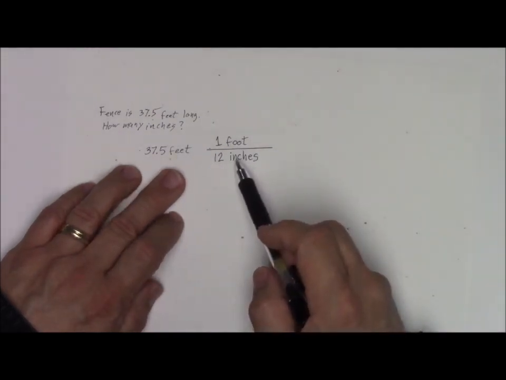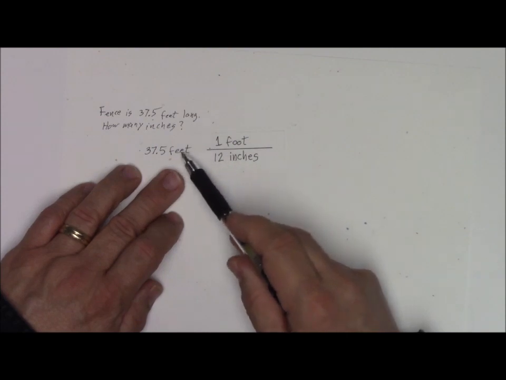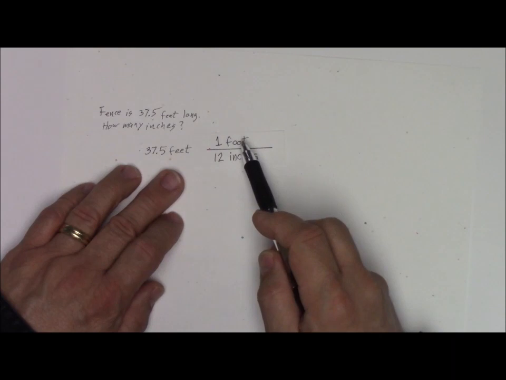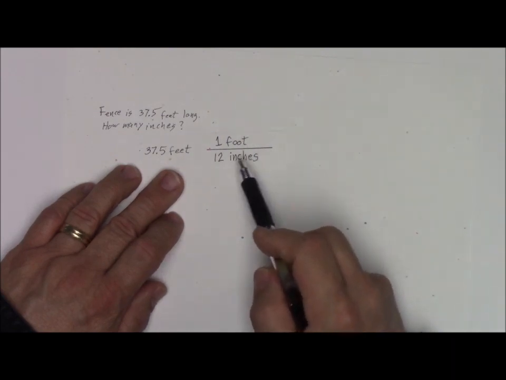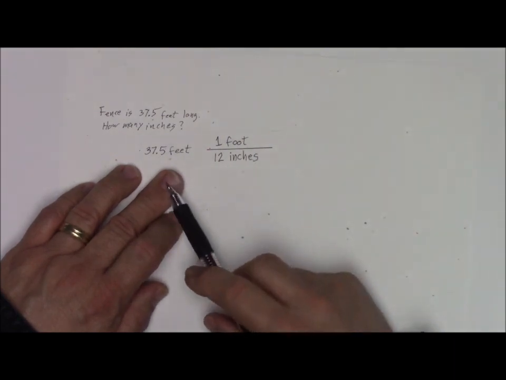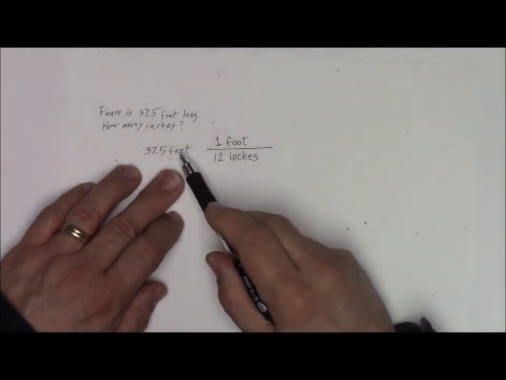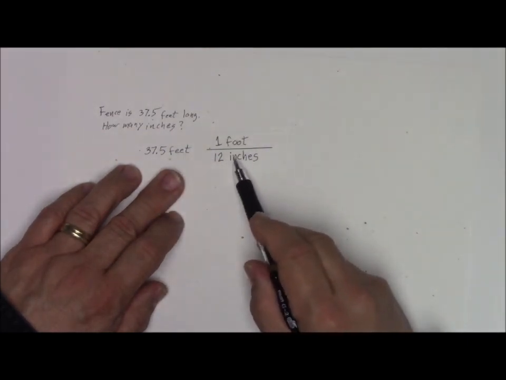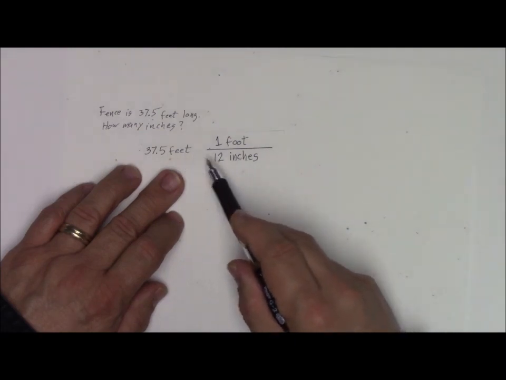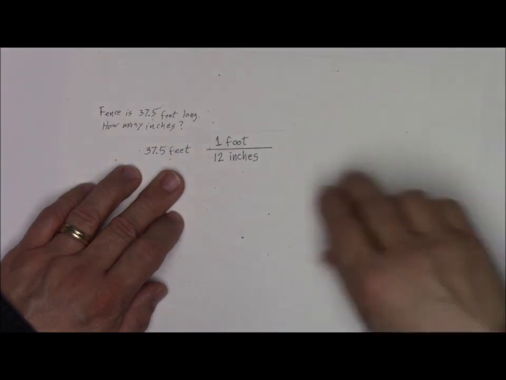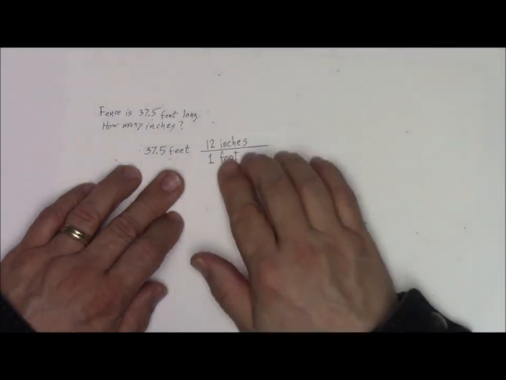Well, the problem with doing this is if you multiply feet by foot, you get feet squared divided by inches. That's not a meaningful problem. What we'd like to do is have feet in the denominator of this conversion factor, so feet will cancel with feet and we'll have inches in the numerator. And that's why the flip side is important.